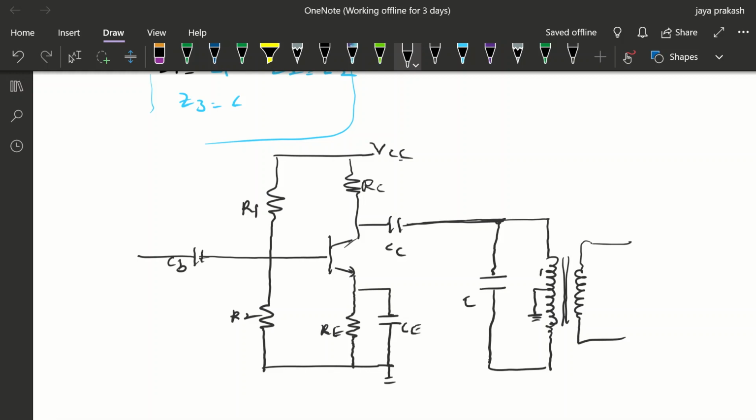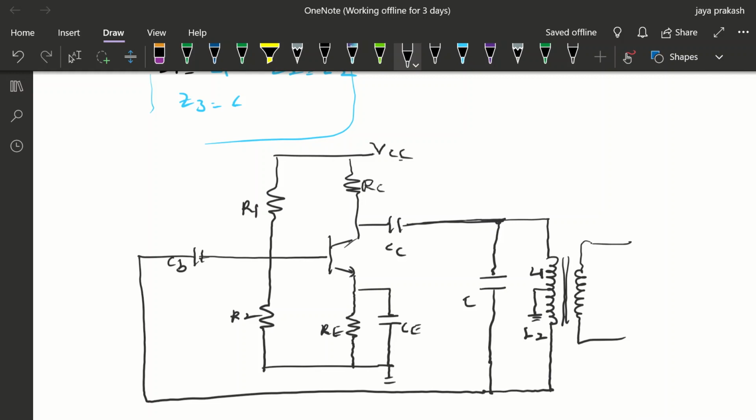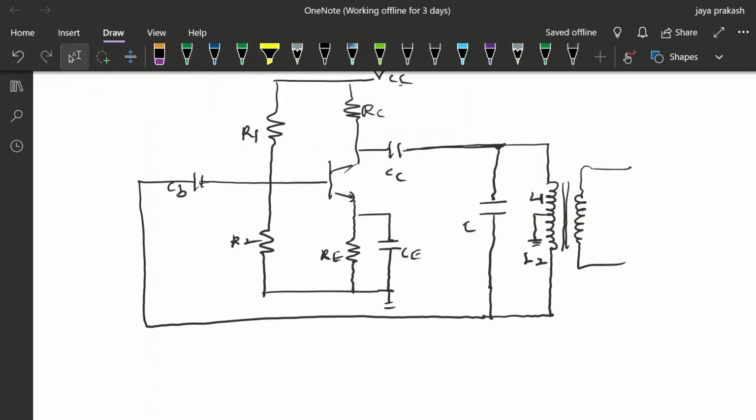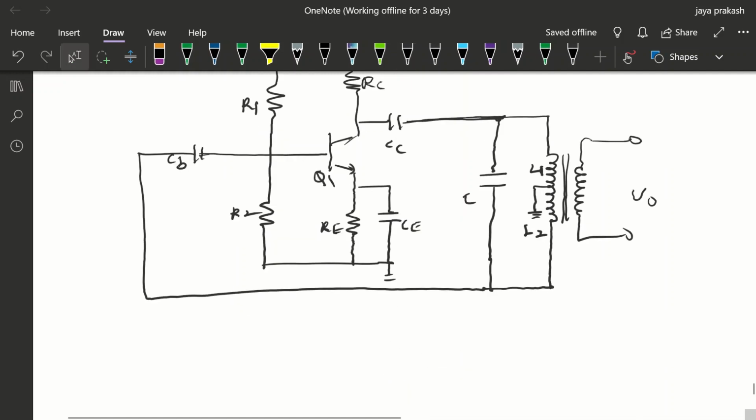This is L1 and L2, and this is C, and this is fed back to the input. So this is the output. This is the circuit diagram of the Hartley oscillator.